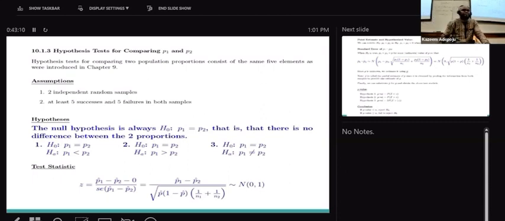Let me use this as an example. The other time, we constructed a confidence interval between the proportions of those who own guns in Minnesota and those who own guns in Wisconsin. Now, when you take a look at the first hypothesis, under H0 it's trying to say there is no significant difference between the proportion of those who hold guns in Minnesota and those who hold guns in Wisconsin.